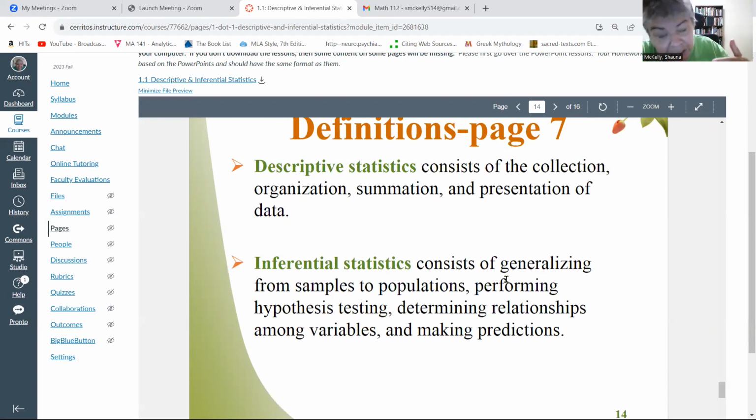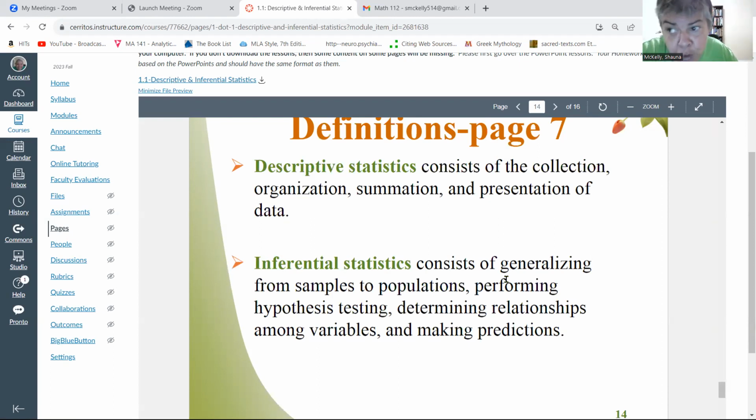There are processes of actually gathering data, whether that's from the school records, whether I go out and ask people, whether I hire people to call people for me, whatever the method is, I have to gather those data. And once I gather those data, I have to do a lot of calculations and number crunching and analysis of it. That usually takes place with big computers. We're going to learn how to do this. Inferential statistics is the second part of the course.